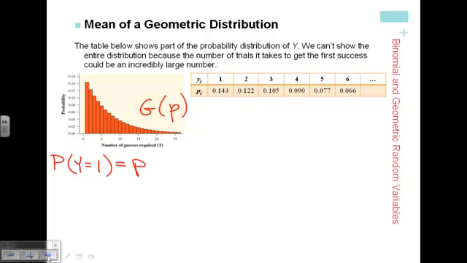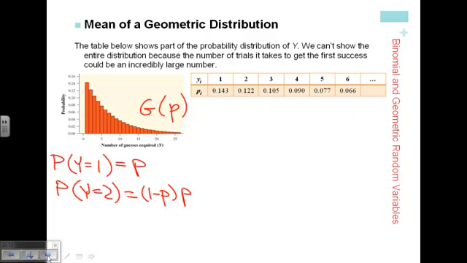Hey, what's the probability of a success on the second trial? It's 1 minus p times p. Wait, p is a fraction. 1 minus p is a fraction. What happens when you multiply two fractions together? What happens when you multiply 1/2 times 1/2? It gets smaller. 1/2 turns into 1/4.